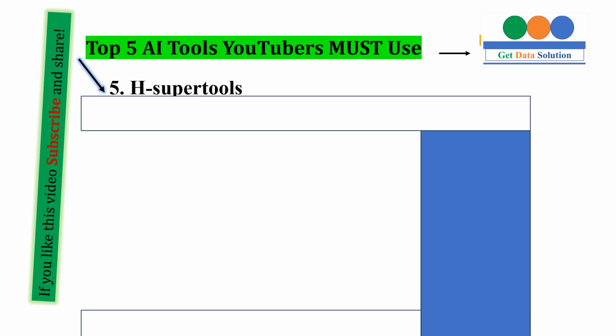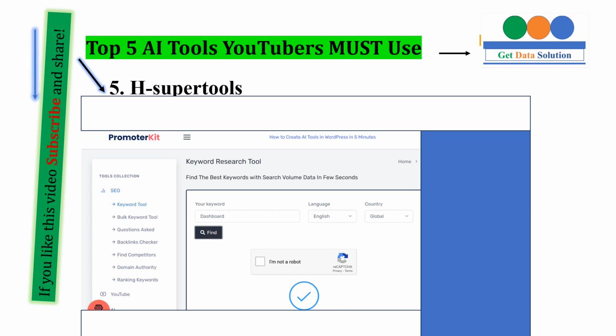The fifth AI tool is Edge Super Tools. This will give you a number of options, but so far I have used the keyword tool, and that is to do keyword research.